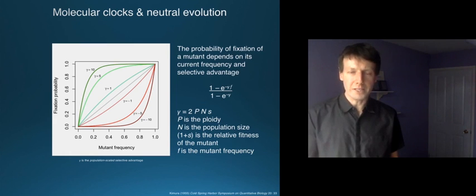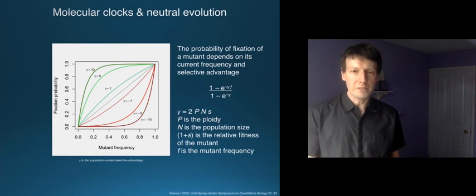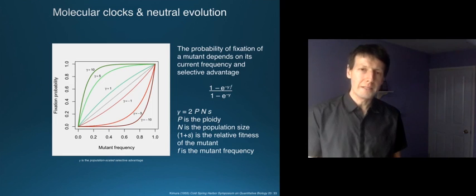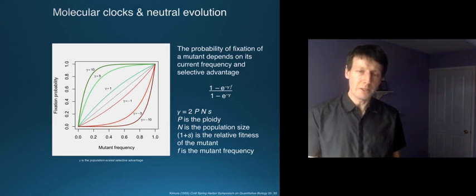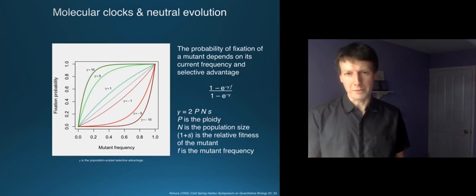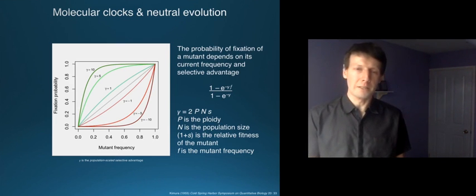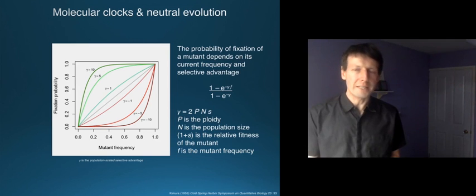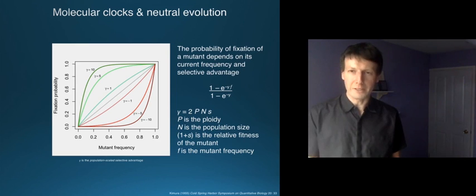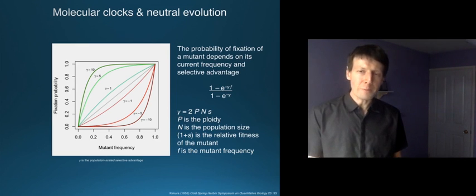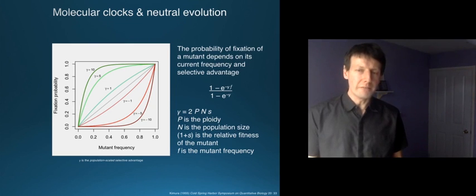Fixation means that starting from a new mutation, which is at extremely low frequency, what's the probability that it goes to become essentially ubiquitous within the population, so that it sweeps from a frequency of close to 0 to a frequency of essentially 1. That's fixation, and the probability of fixation, although I'm not going to tell you how it's derived, depends on some key quantities which we can understand fairly simply.